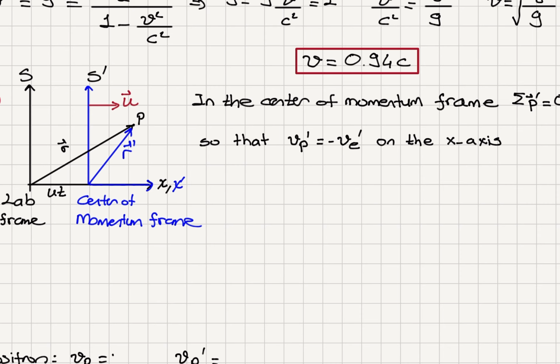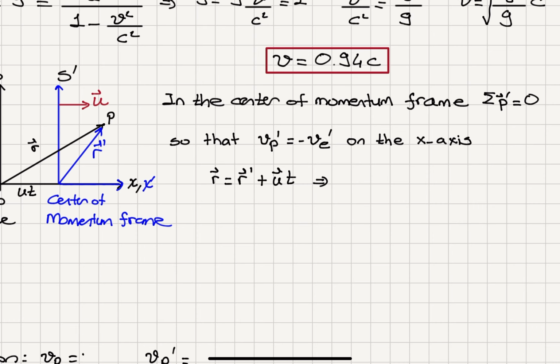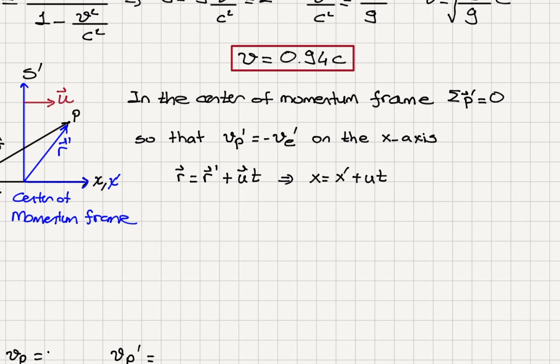So we can write r is equal to r prime plus ut. That means, because this motion is on the x-axis, x is equal to x prime plus ut for the x components. Our particle is moving on the x-axis, so there is no other component. And in the Galilean transformation, t prime is equal to t. Both reference frames measure the same time.